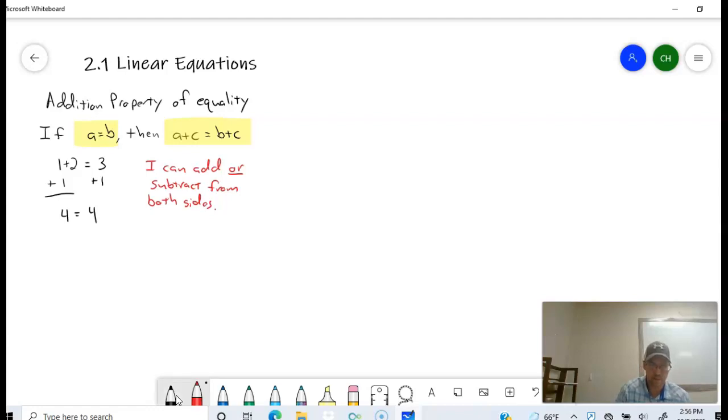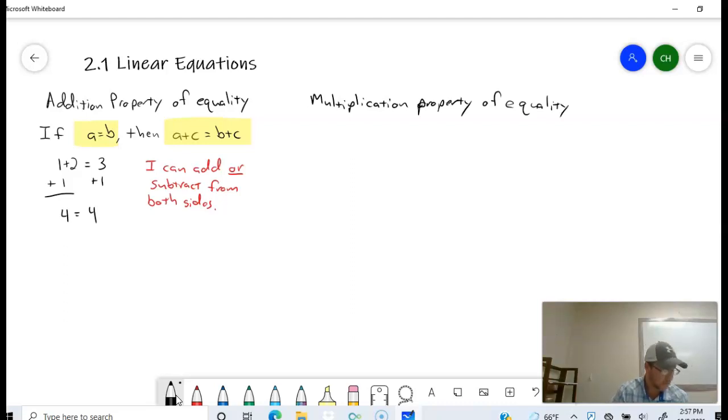Alright, the next one is the multiplication property of equality. Alright, and that's going to look a little bit similar.